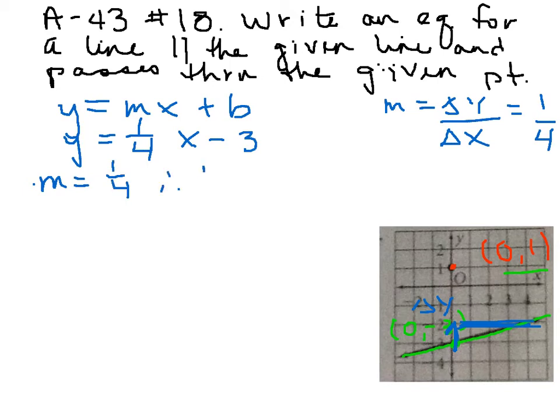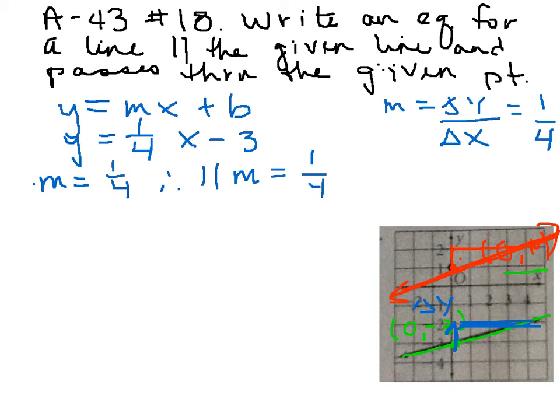Therefore, our parallel slope is also going to be 1/4. Our line is going to have a slope of up 1 and over 1, 2, 3, 4, so it's going to go through that point right there. So there's our line, and now we just have to find the equation for it.